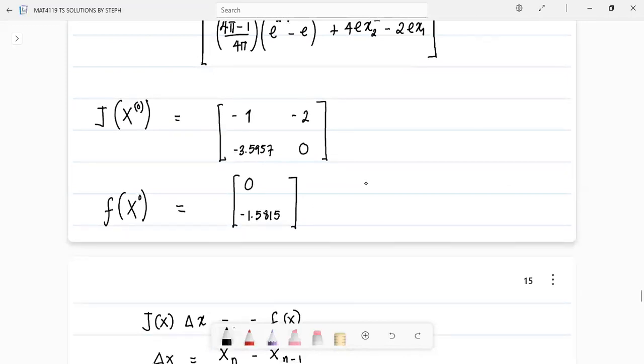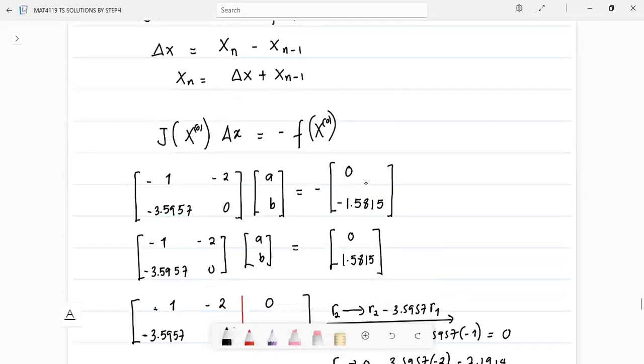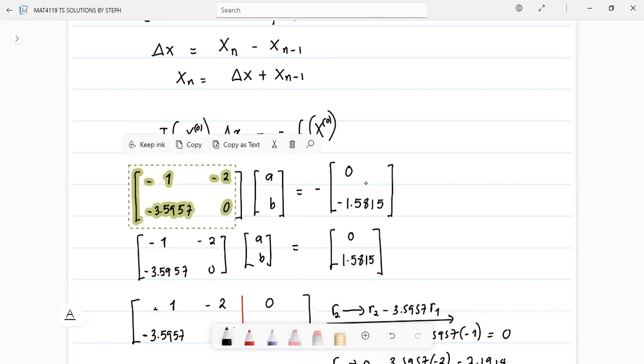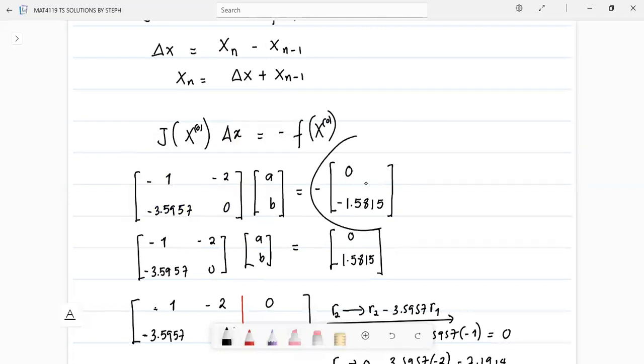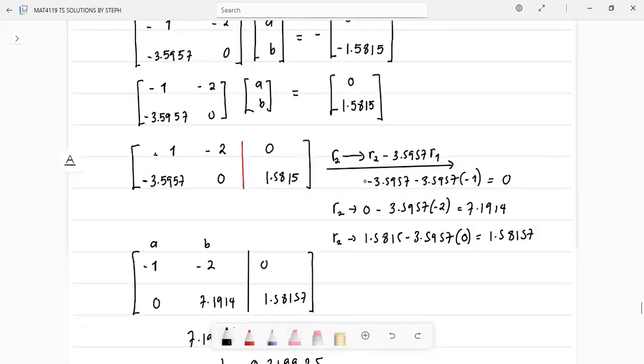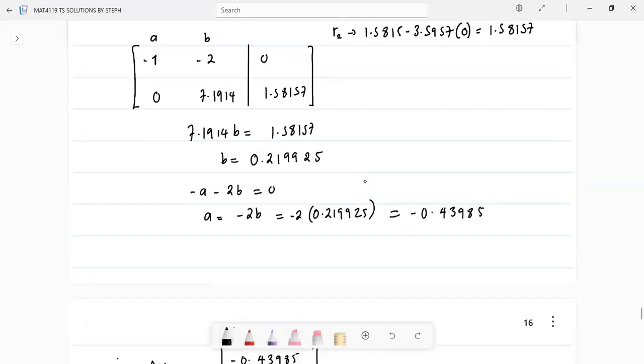And then the process will continue. You're also going to find our new delta x. Okay, so we're going to have a new delta x we're going to find here, as well as our new Jacobian matrix, and also this one will be new. And then you continue again applying the same method. If you're going to use the Gaussian elimination method, you do everything and get your new delta x.